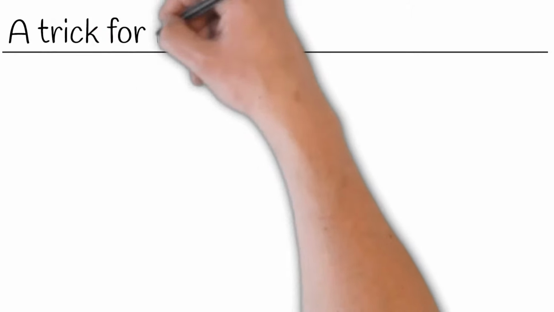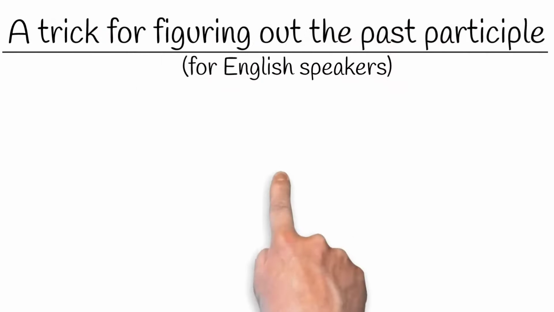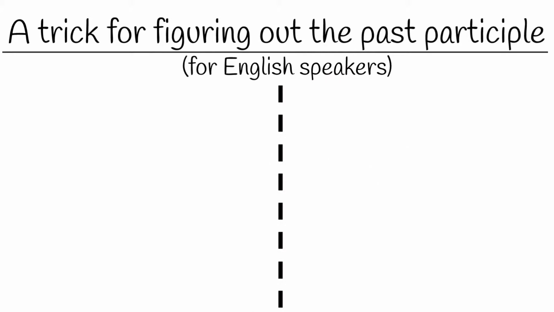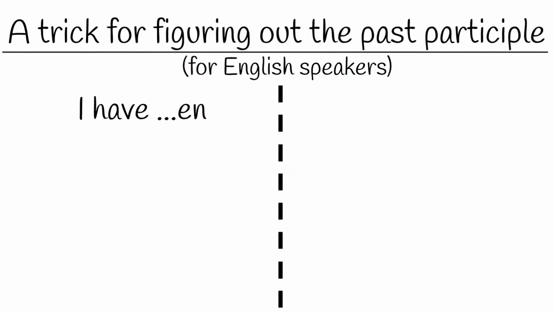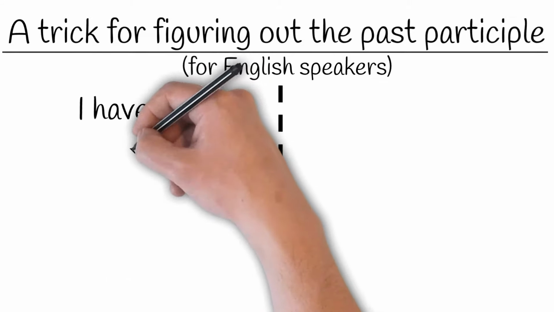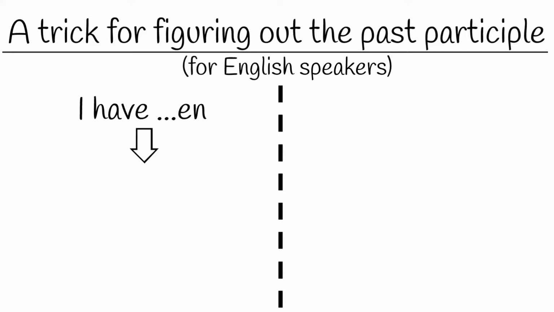Here's another trick for figuring out the past participle, but only for English speakers. Because English and German are so closely related, they often have similar past tense forms. So let's look at those which end in en. If you take I have and then put an English verb into the past tense, if there is an en, there probably is an en as well in the German past participle.